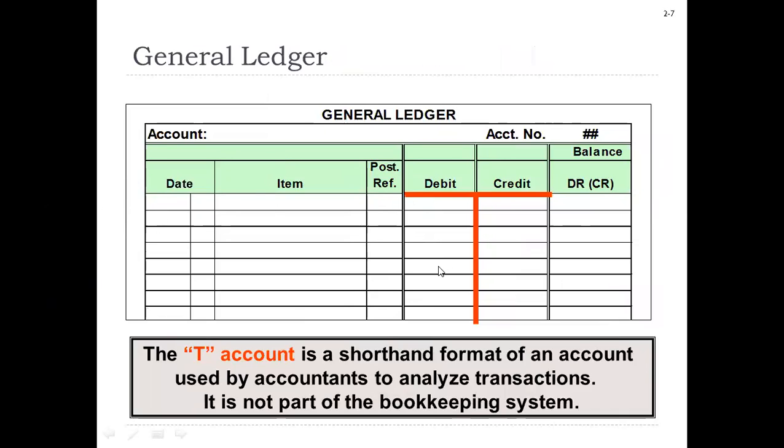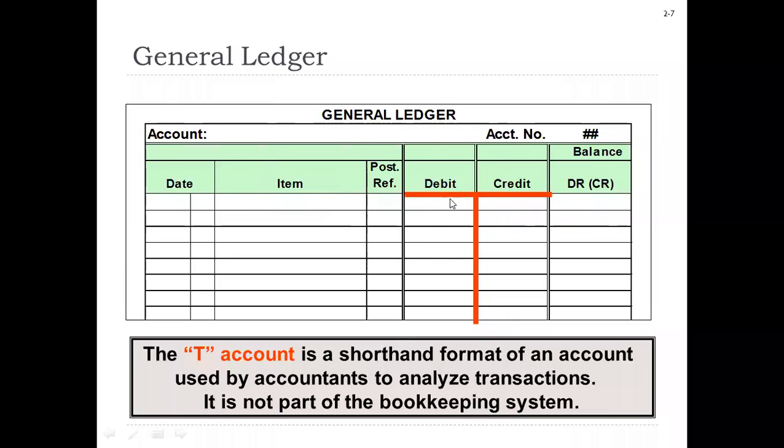Taking a look at the general ledger, remember we said it was an accumulation by account of all the transactions related to that account. And the reason we use that T account format is because if you look here, we have columns in this general ledger for our debits and our credits.